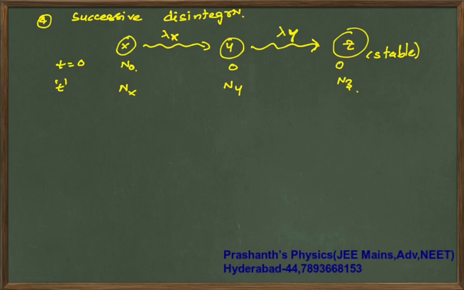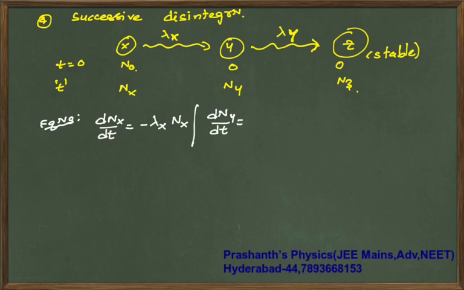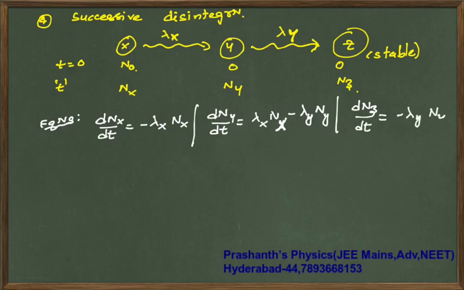Equations wise, if you are writing equations, dNx by dt is minus lambda x into Nx. dNy by dt, you have to consider product formation as well as decay, so lambda x Nx minus lambda y Ny. dNz by dt is lambda y into Ny.